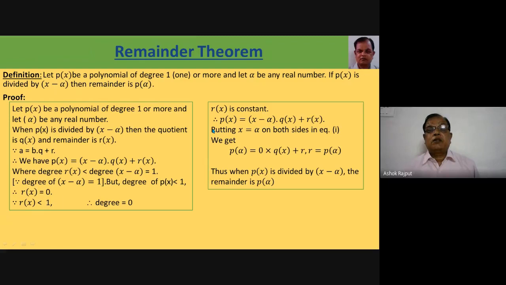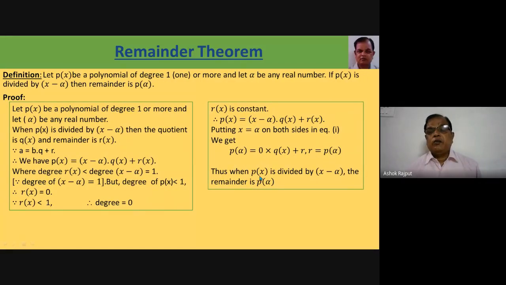Therefore R(x) is a constant R. P(x) equals (x minus alpha) into Q(x) plus R. Putting x equal to alpha on both sides in equation 1, we get P(alpha) equals (alpha minus alpha), which is 0, times Q(alpha) plus R. When we multiply it, it will be 0. So P(alpha) equals only R. So R equals P(alpha).